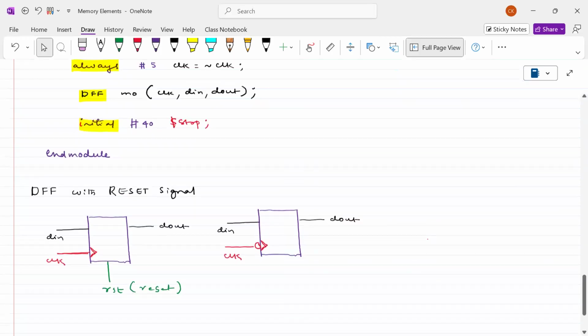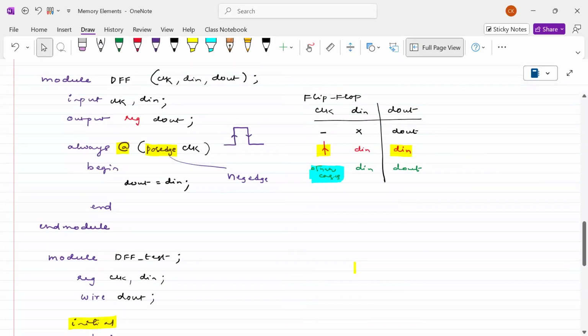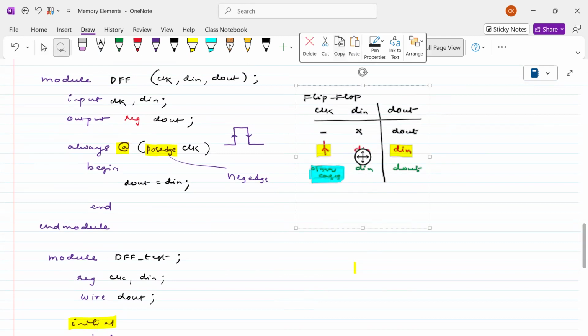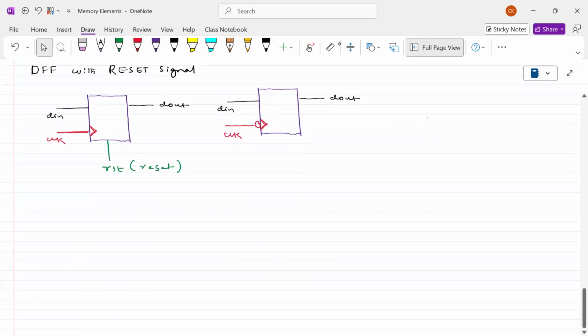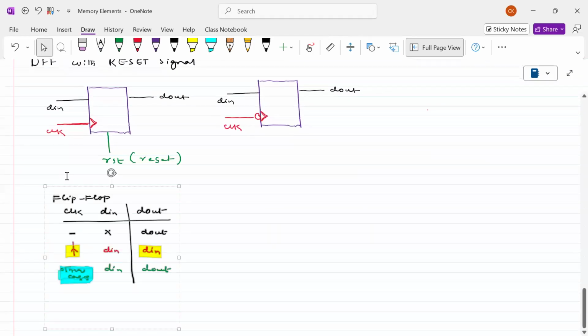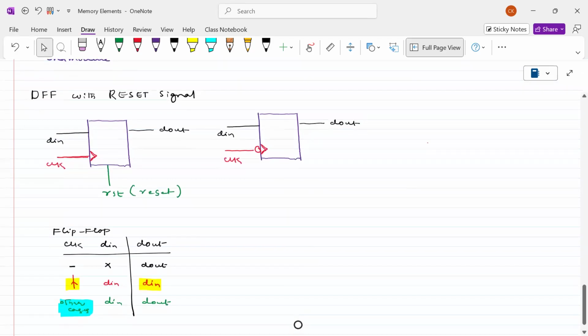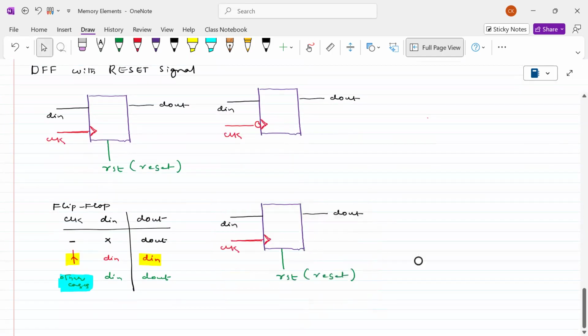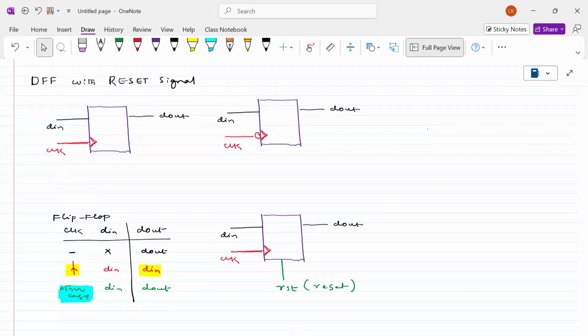Let us modify our truth table based on this. Let me copy it here. I don't want to use this one because I have given the name differently, so I'm using the same name.